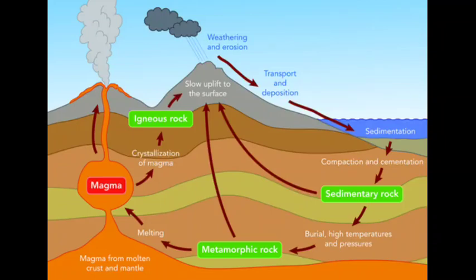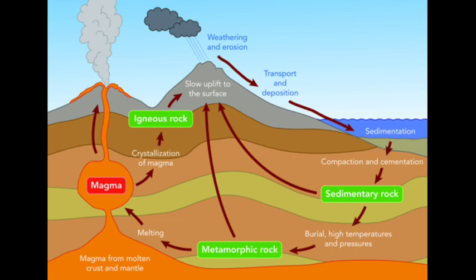Now due to crustal movement, sedimentary rocks are uplifted, like during the formation of the Himalayan mountain ranges. Sometimes the sedimentary rocks are moved to a greater depth. Due to excessive pressure from the top and heat from the bottom, the structure of the sedimentary rock is changed.